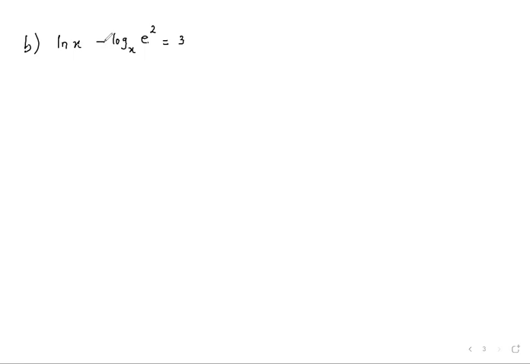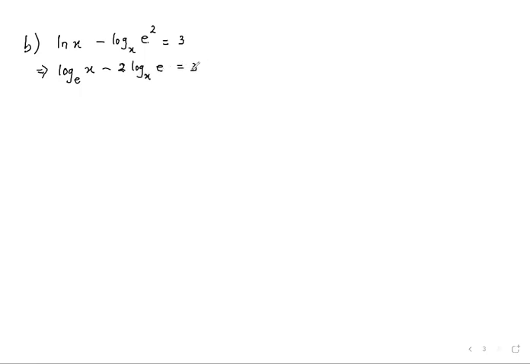Now we know that ln is the same as log e. Whenever you see ln, you know you have seen log e. Minus, we have a property which allows us to drop the power. So we'll drop the power and then have log x e is equal to 3.